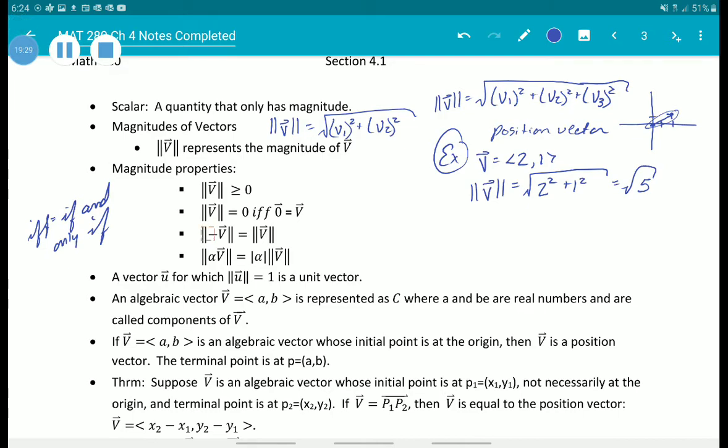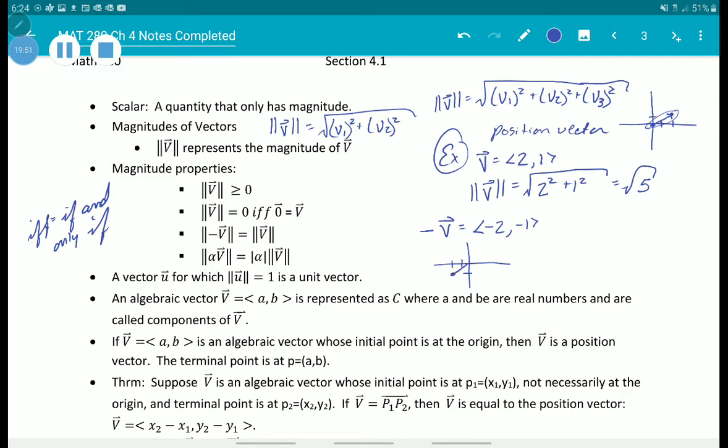So remember, negative v is the same vector in a different direction. So if we have the vector, I'm going back to 2, 1 here. We said that magnitude was square root of 5. Well, if we were to look at negative v, that vector would be negative 2, negative 1. So that vector would look like this.